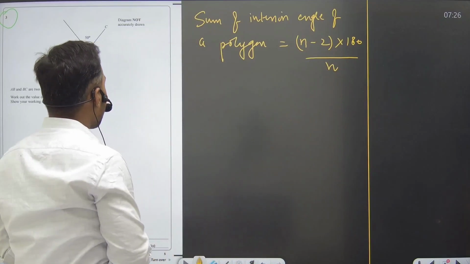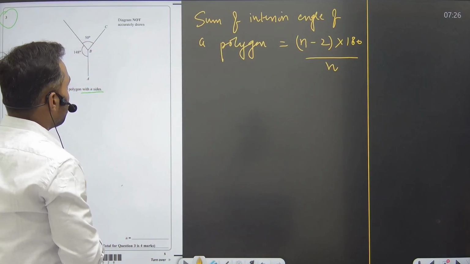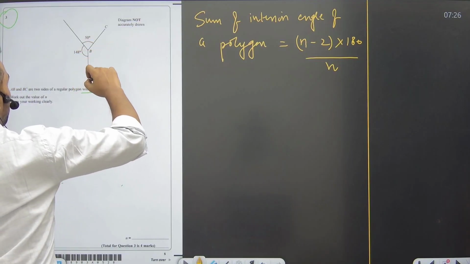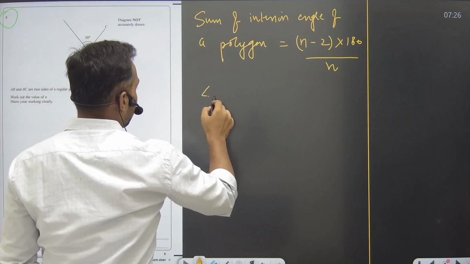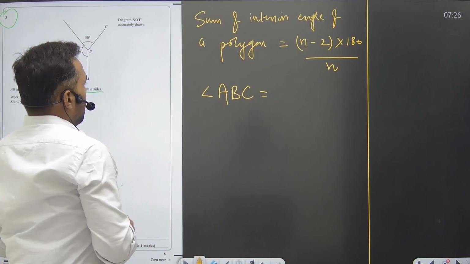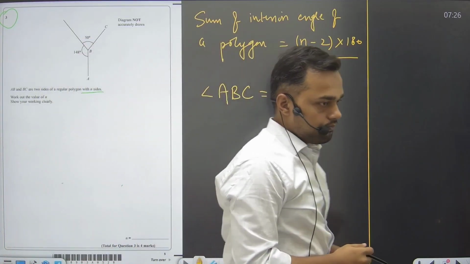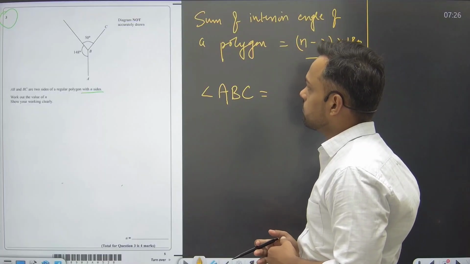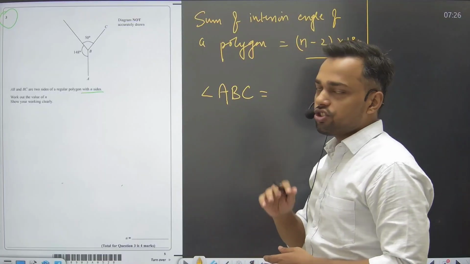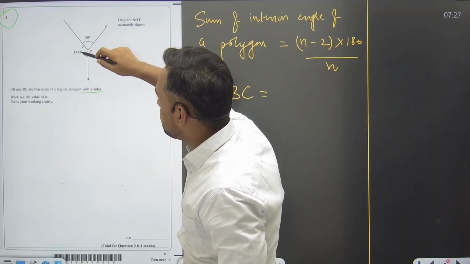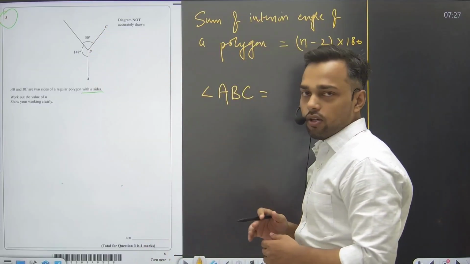Okay, now here if you will see that angle ABC will be equal to... What most students will do here is they will just add these angles and calculate the values.